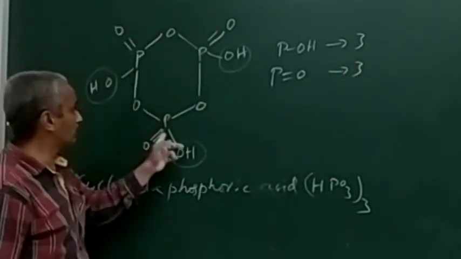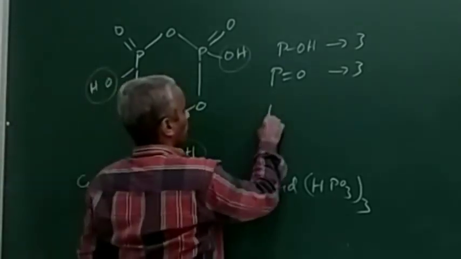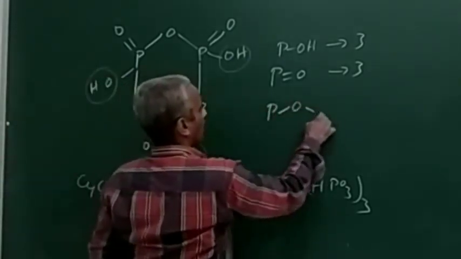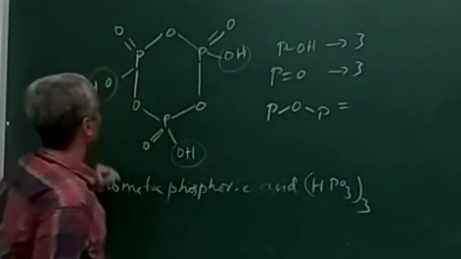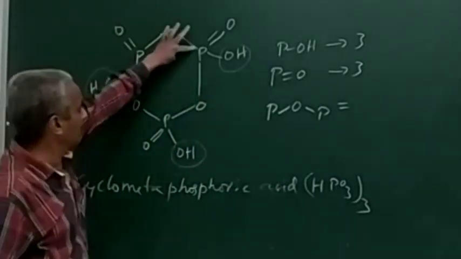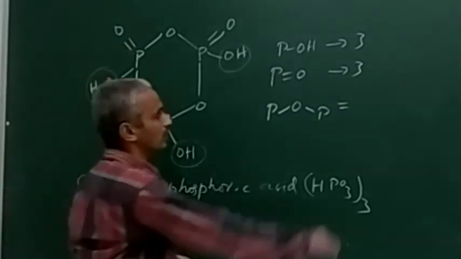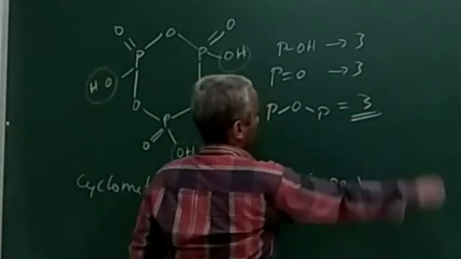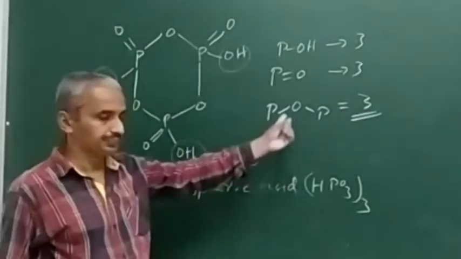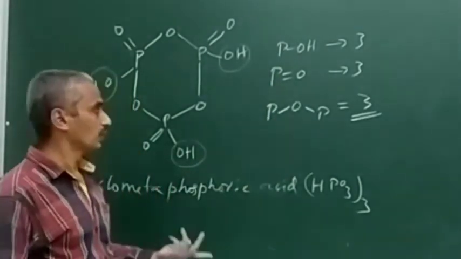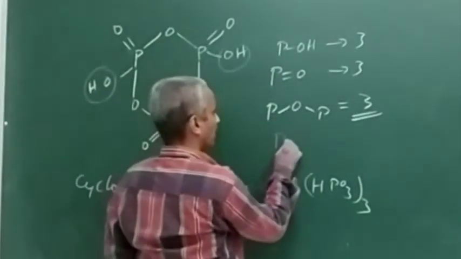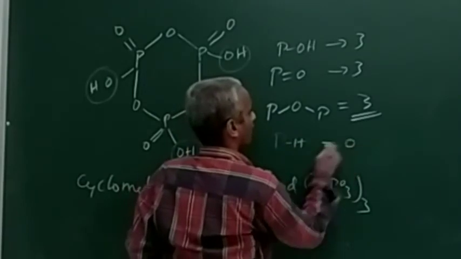Then POP bonds: how much? POP 1, POP 1, POP 1 means 3. All are 3, 3 each. No PH bonds, 0.